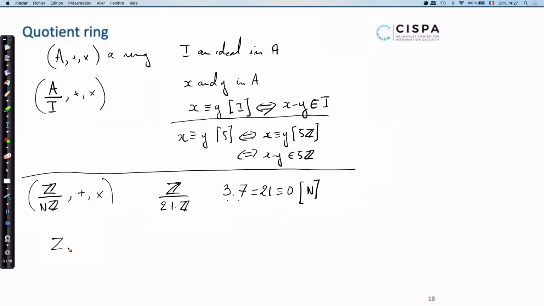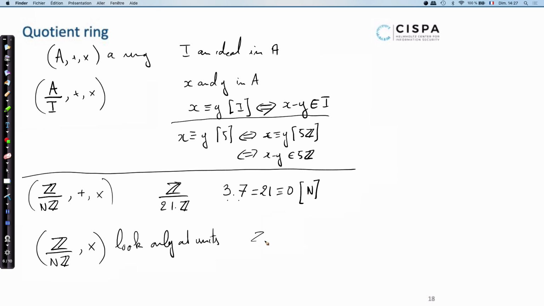And in that case, when you have Z over nZ, if you just consider multiplication, it's really interesting to only work with numbers which do not have this bad property. So only work with numbers which are units, as we defined before. So elements which are invertible, and if they are invertible, they can't have this bad property of dividing 0.